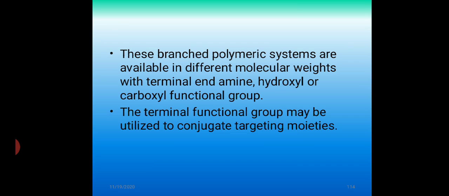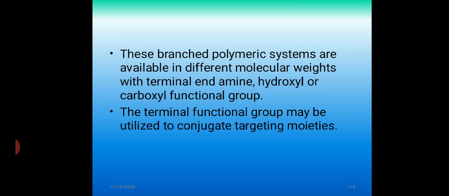These terminal hydroxyl and carboxyl functional groups play a major role in targeting the drug delivery, because the dendrimers carry the drug molecule. The terminal tail portion of the dendrimers can bind with the corneal cells and adhere to them.